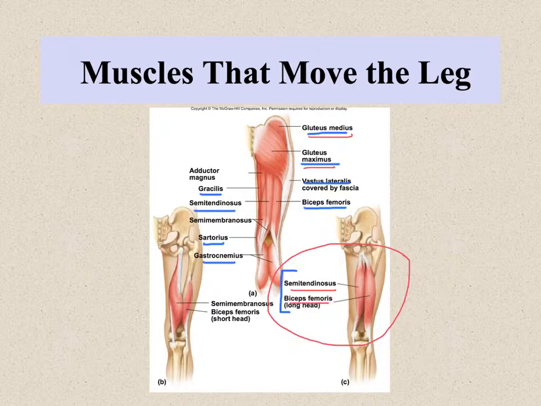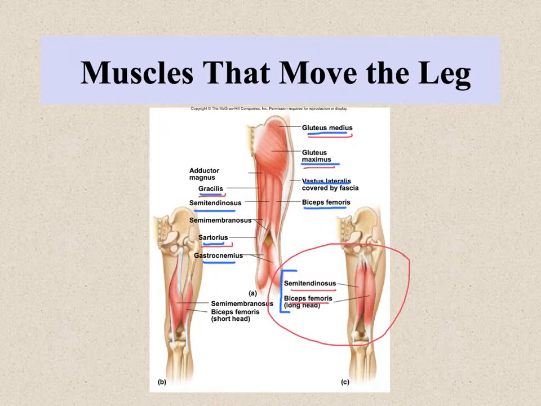The 2 muscles, the gracilis and the sartorius, are coming all the way from the pelvic girdle down to inserting on the lower leg. And so they are involved in moving the entire leg and rotating the entire leg. The gracilis is involved in adducting your thigh and flexing and rotating your lower leg medially.